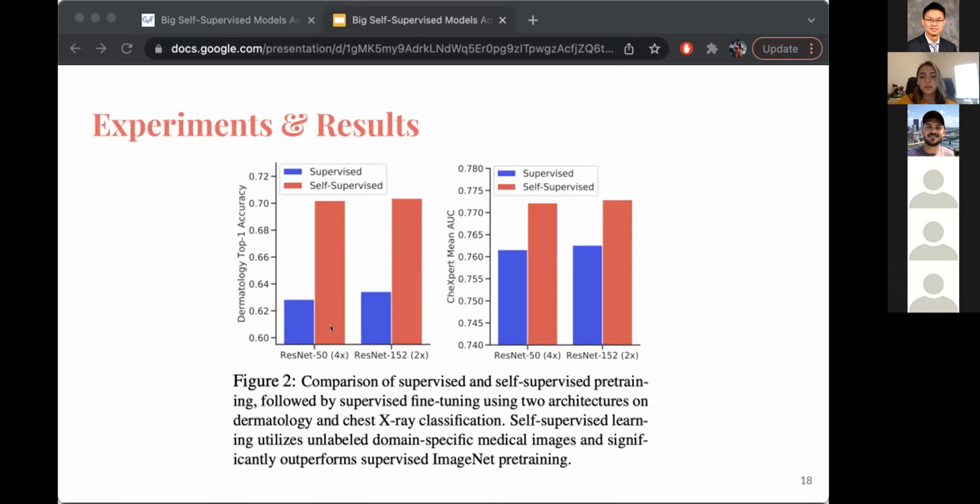We can see that the self-supervised learning utilizes the unlabeled domain-specific medical images, and it outperforms the supervised ImageNet pre-training. In both cases, we can see that the self-supervised is achieving better performance.